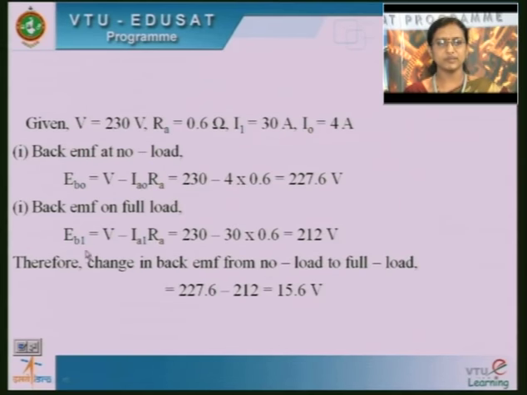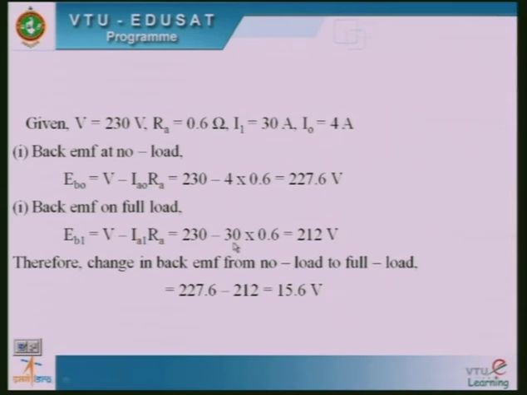Under full load, EB1 is equal to V minus IA1 RA, and we are getting 212 volts. There is a change in back EMF from no load to full load. What is the value you are getting? It is 15.6 volts.